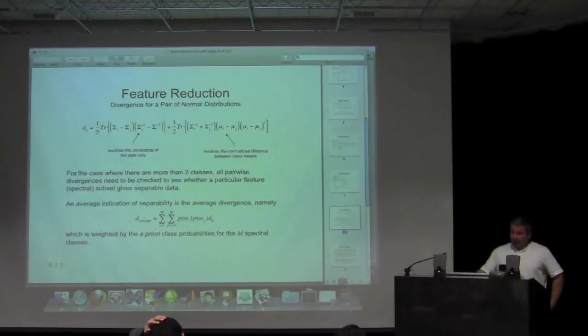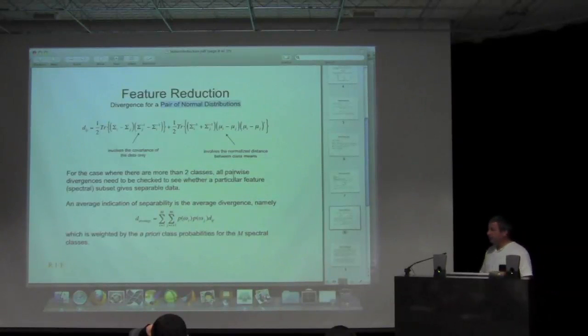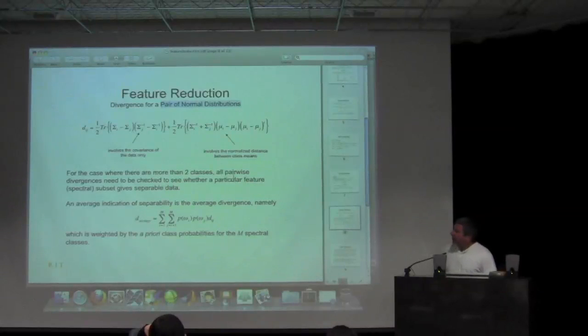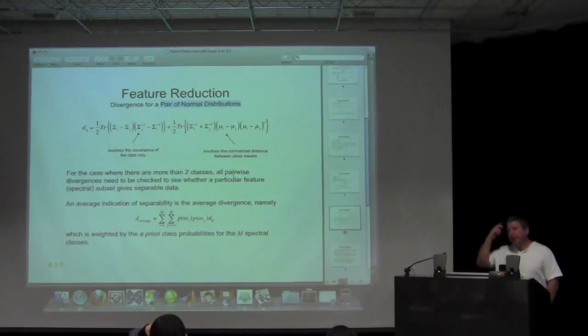All right. And we're looking at this just for a pair of normal distributions, so this is for two classes only. For the case where there are more than two classes, we'd have to compute all these divergence values for all possible pairs.